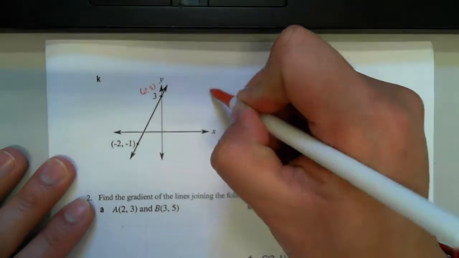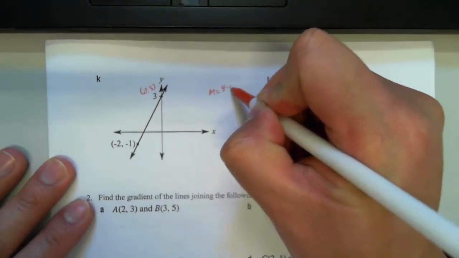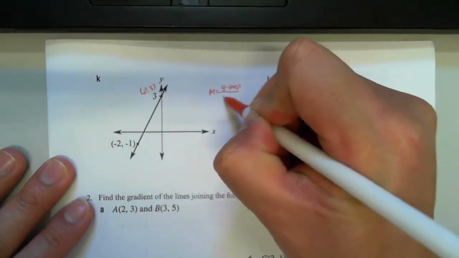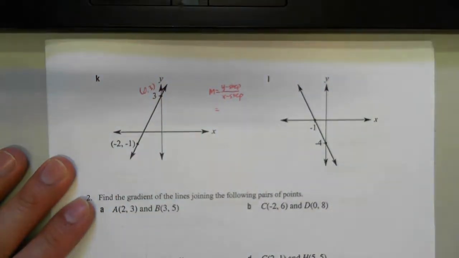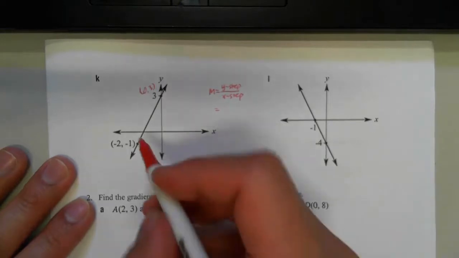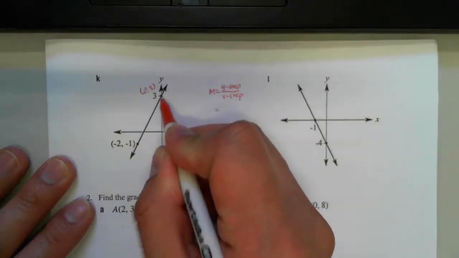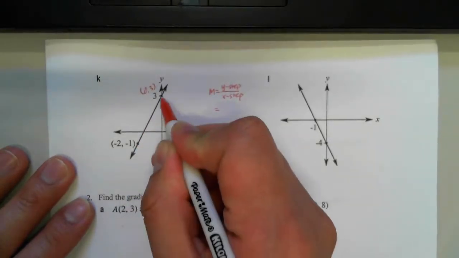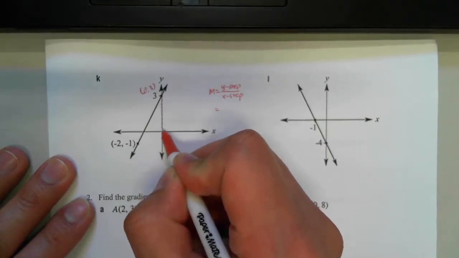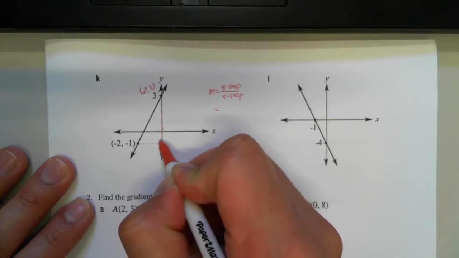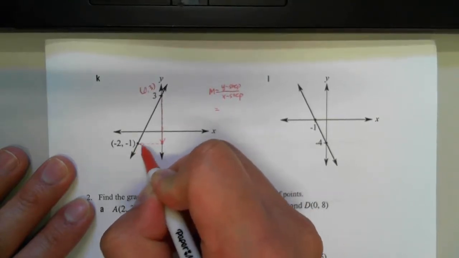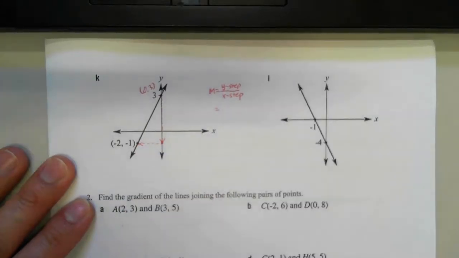So we always write m equals y step over x step. Okay. Now we need to find the y step. So y step is from this point to this point. Right. So we go this way down to here, and then horizontally go this way, until here, and then we go this way to reach this point.